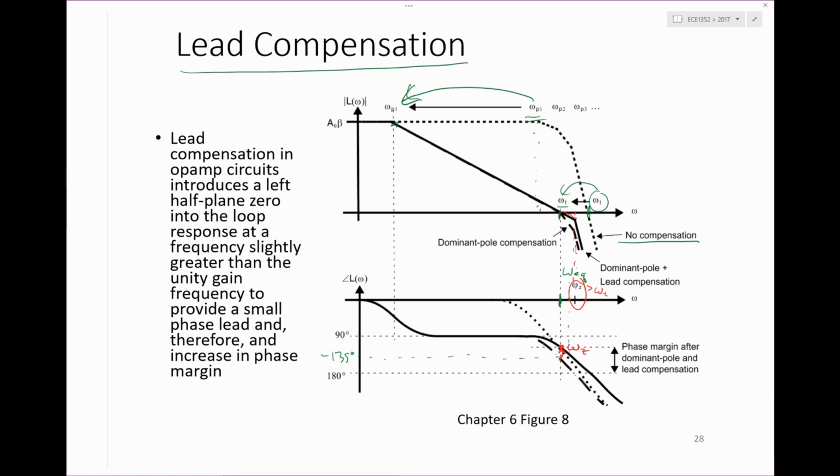So that's the two-step approach. You find out how much phase margin you need. You do dominant pole compensation first to get you to within 10, 15, 20 degrees of that. And then finally, you do a little bit of lead compensation to give you an extra kick of 15 degrees or whatever to get you to hit that spec.